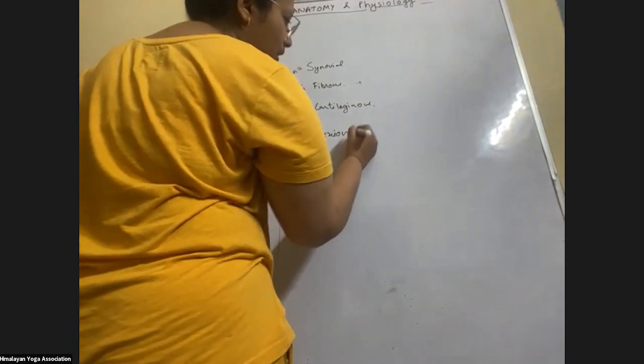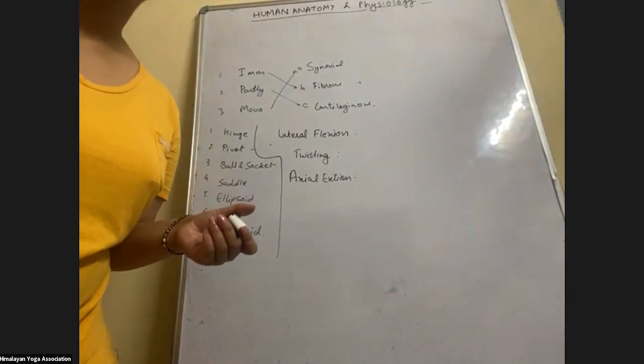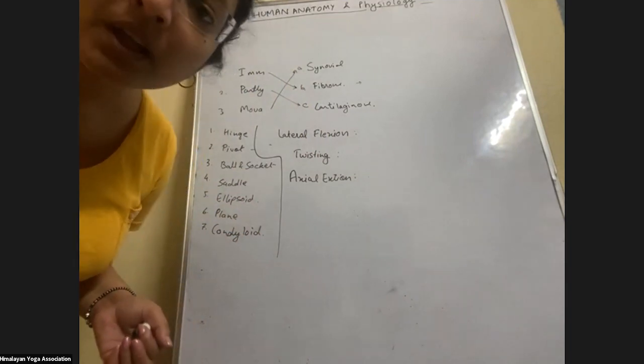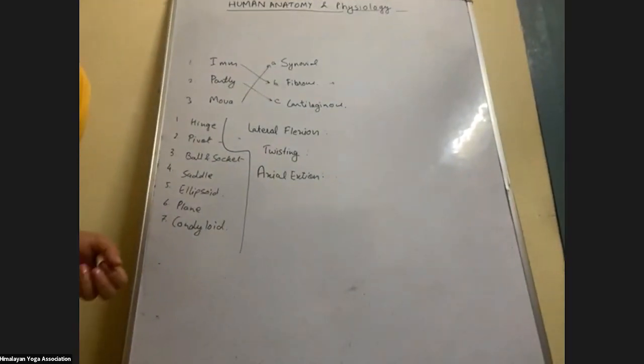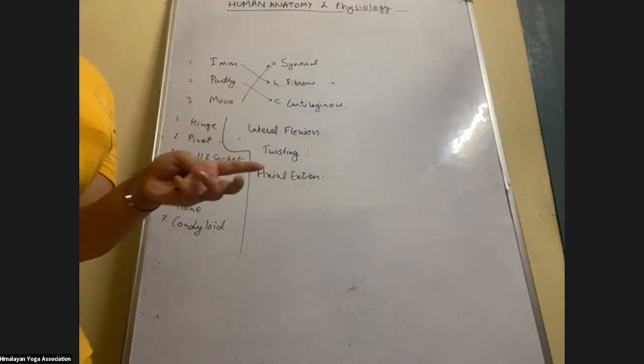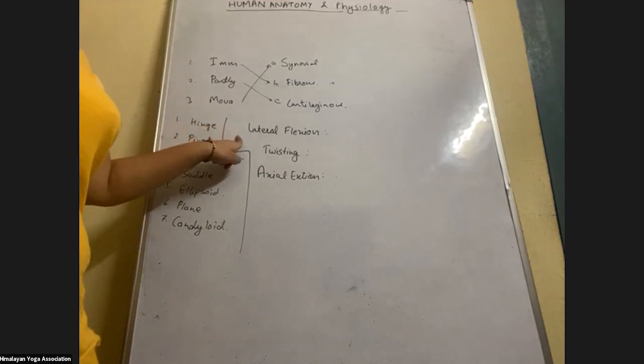Please, I want others to participate as well. We have 4 students, so I want you to participate as well. This is not just one student and teacher. All should participate. So please tell me, what is lateral flexion?